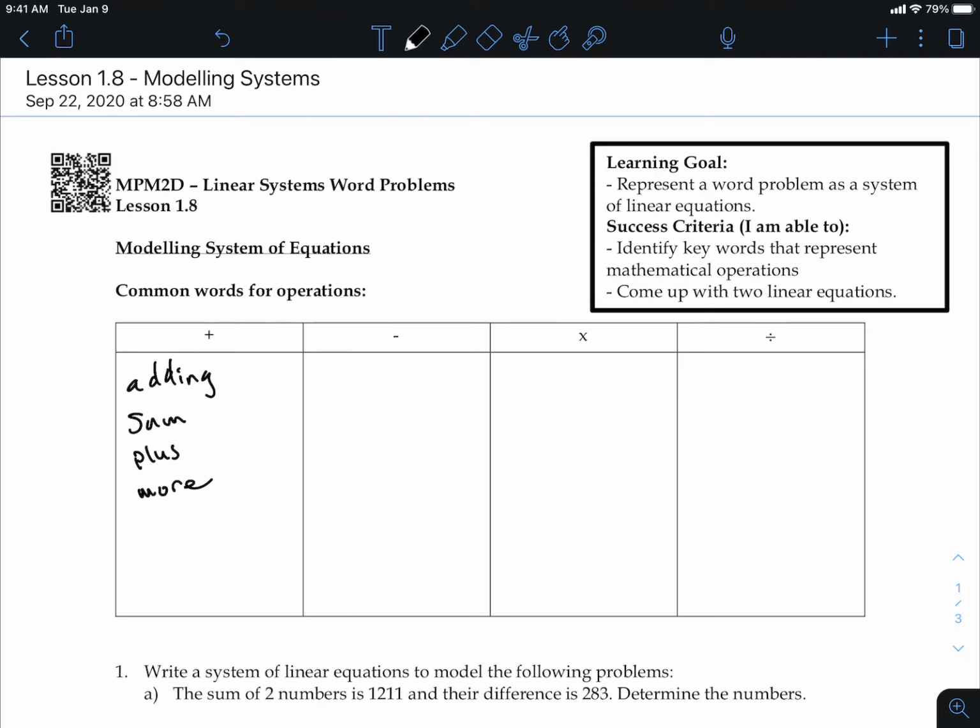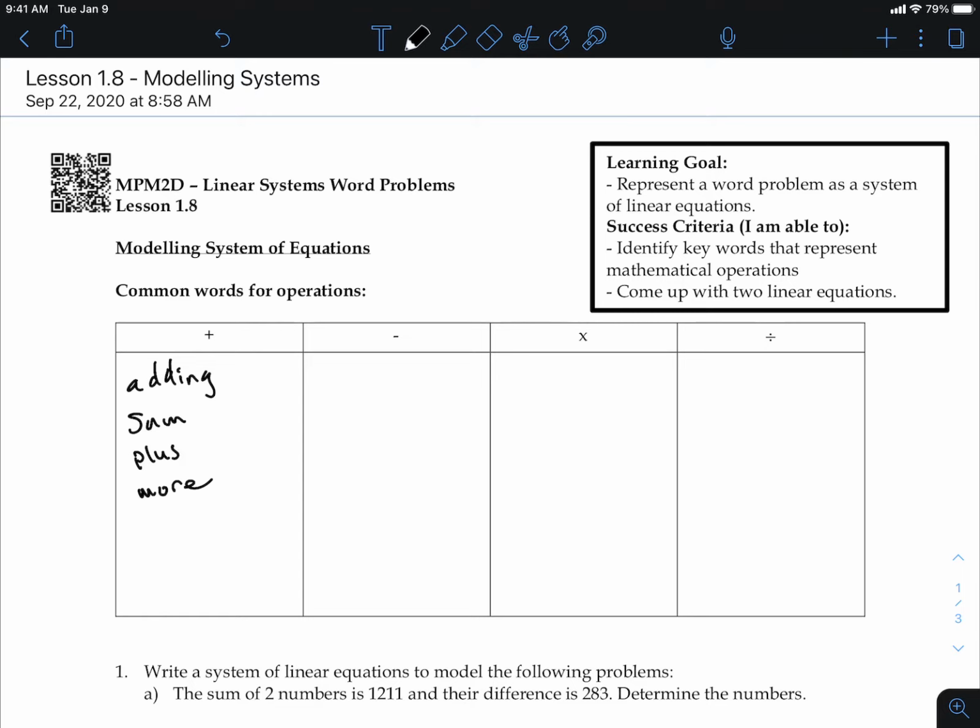Sometimes you'll see examples down at the bottom, like so-and-so has twice more than somebody else, something like that. Yeah, it can be, but it's the way that they use the word more. So it's the context that they use it in. Like 10 more than somebody else, right? That would be addition.